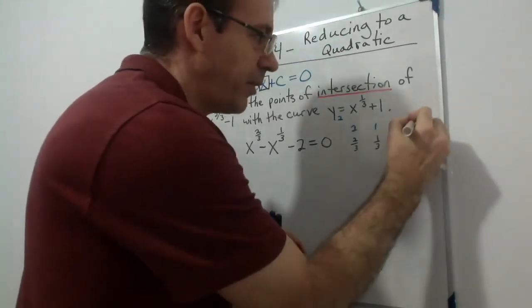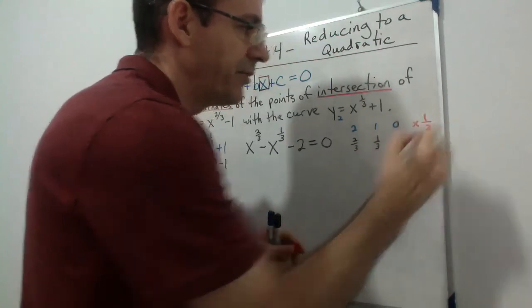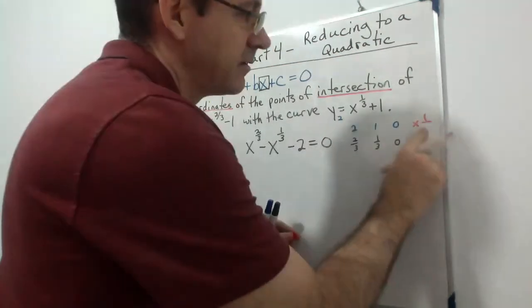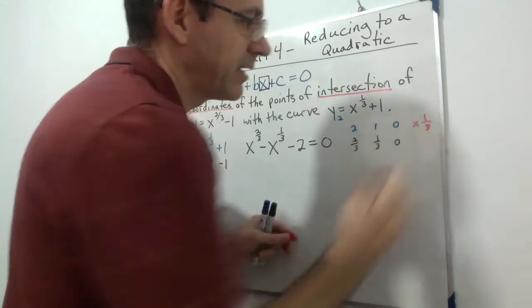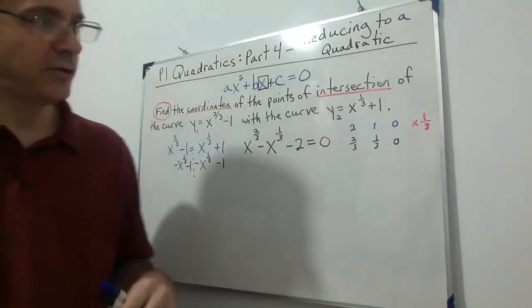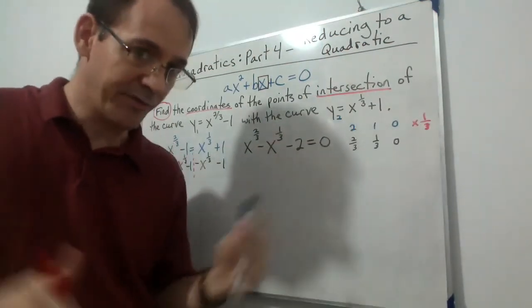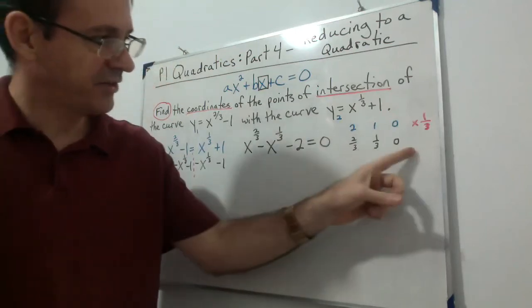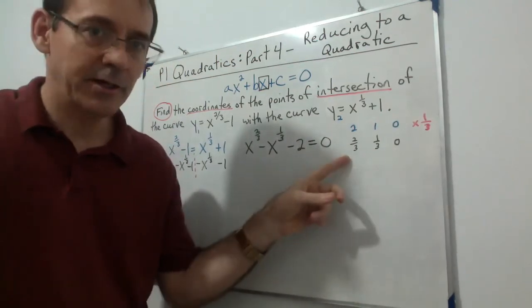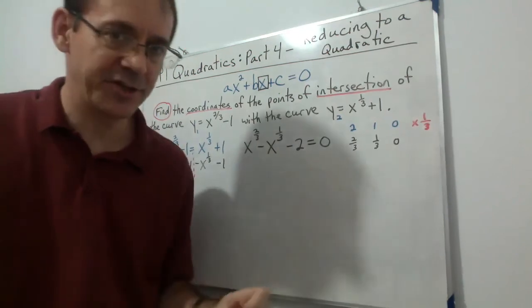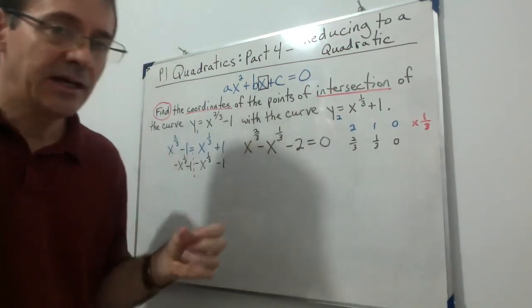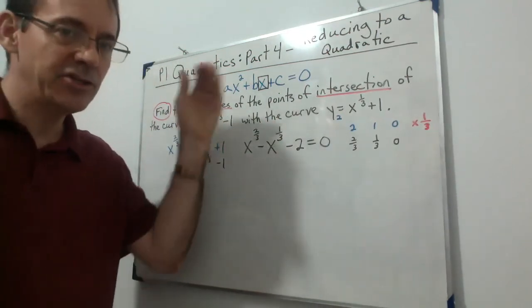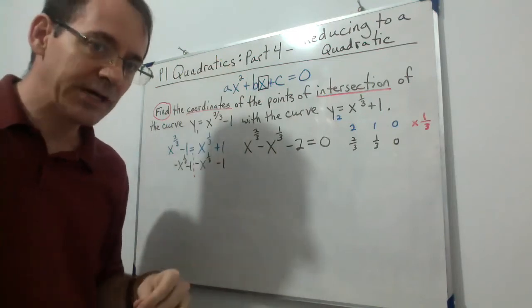If you want to make it a multiple, multiply by 1/3. Remember, division is just the multiplicative inverse. So if you multiply by 1/3 or divide by 3, you get this similar pattern, 2/3, 1/3, and 0. So this is indeed an equation that we can use quadratic tools on.